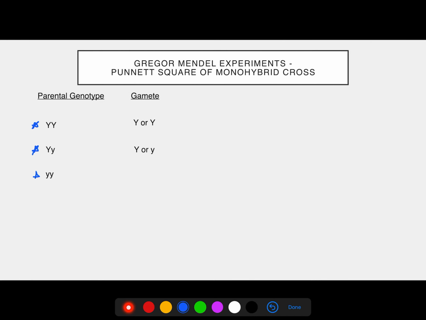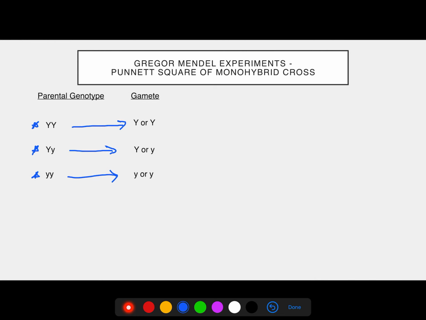If you are homozygous recessive, what are your gametes? Lowercase or lowercase. It's very important that you be able to do this transition, determining what the gamete is for the cross that you're going to do and figuring out your offspring.